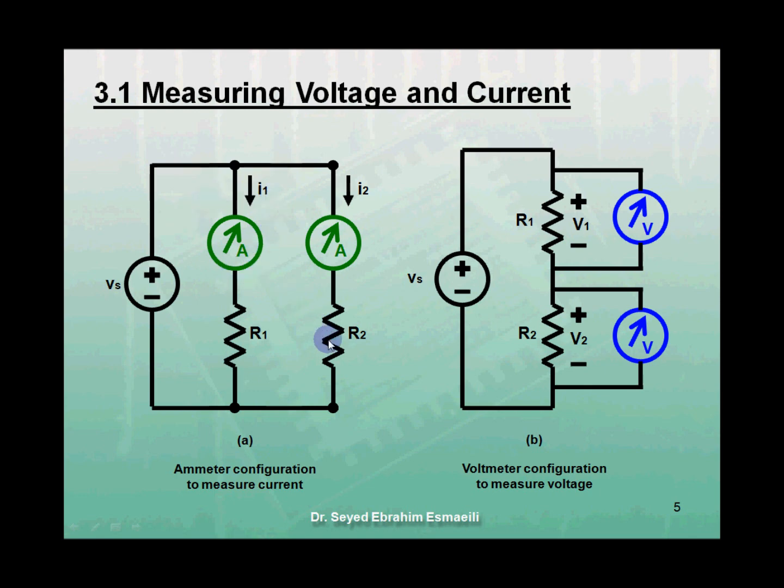The same thing for R2, the branch is cut and an ammeter is placed in series with R2. The figure on the right illustrates the configuration for a voltmeter used to measure the voltage across R1 and R2. As shown, a voltmeter is placed in parallel with R1 and another voltmeter is placed in parallel with R2.